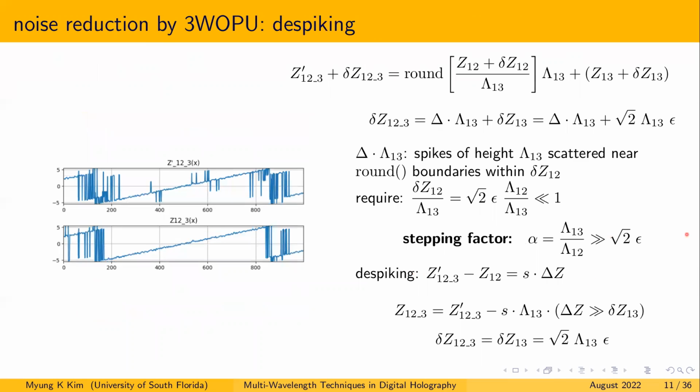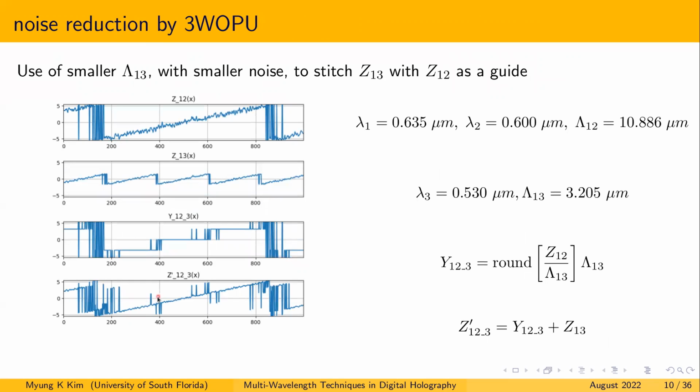And this is possible only if λ13 is significantly larger than the noise in Z12.